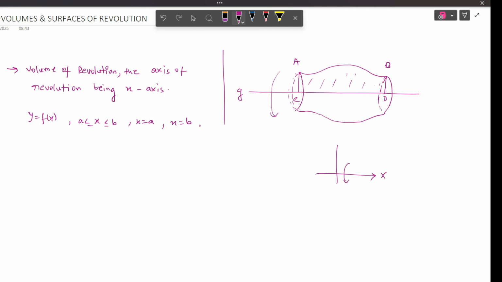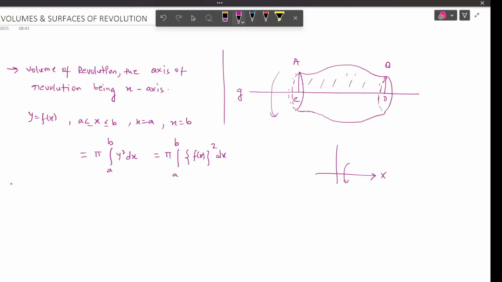Then the volume of revolution would be pi integration a to b y square dx, and y is f of x, then we can say this is pi integration a to b f of x square dx. This is the thing you have to remember. We don't need to see the proofs, because if we know the formula, that will be enough.